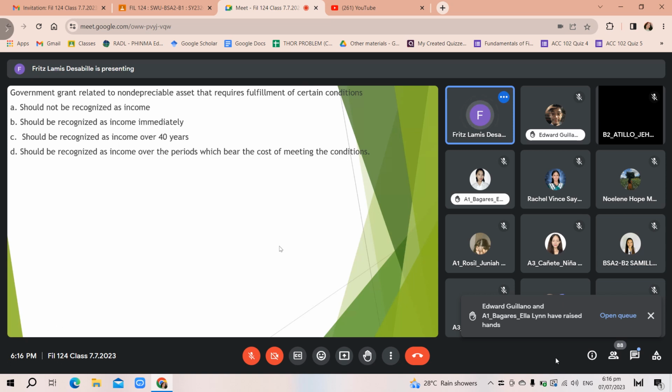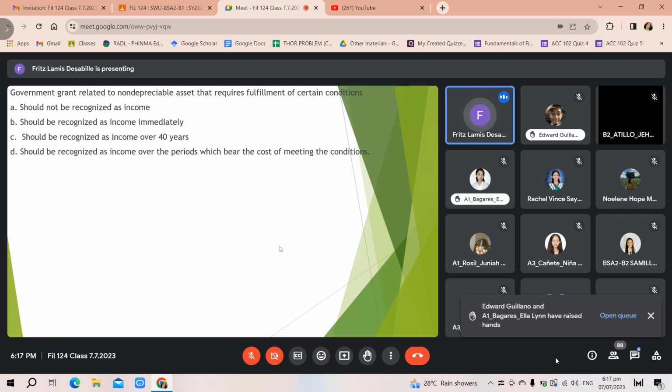All right. So to continue, government grant related to non-depreciable assets that requires fulfillment of certain conditions. So we discussed this last week. So this one is recognized as income over the period which bear the cost of meeting the conditions.